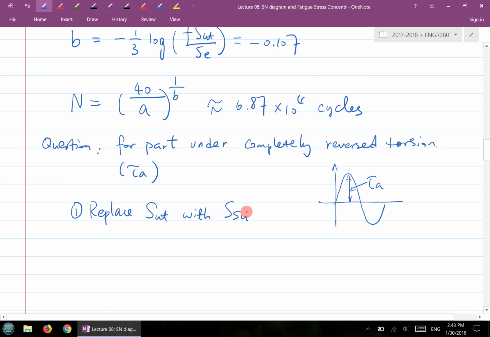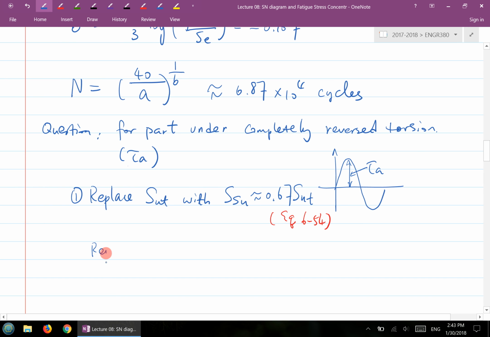Ultimate shear strength you could look up in a table, but if you don't have the value, here's the formula to approximate it: SSU is approximately 0.67 times SUT. This is from equation 6-54 in the textbook, so you can take a look at that.